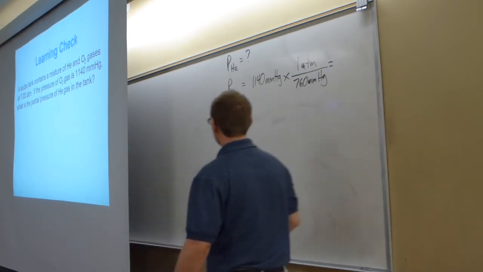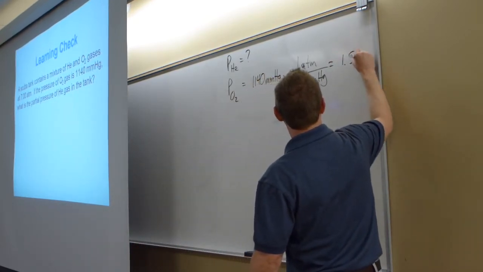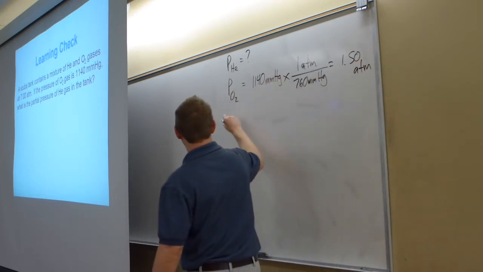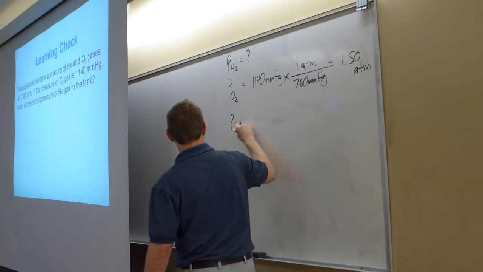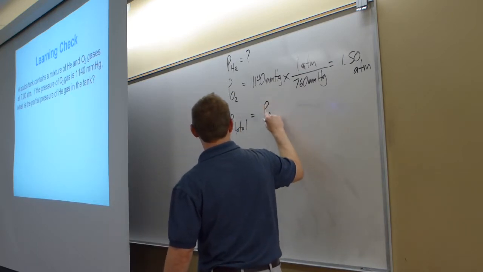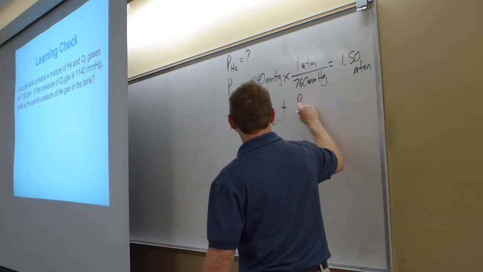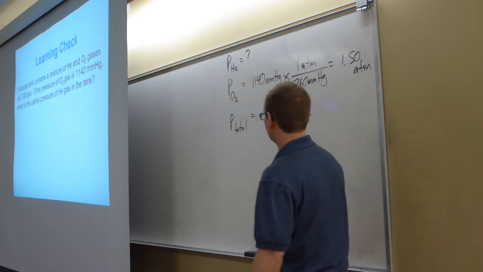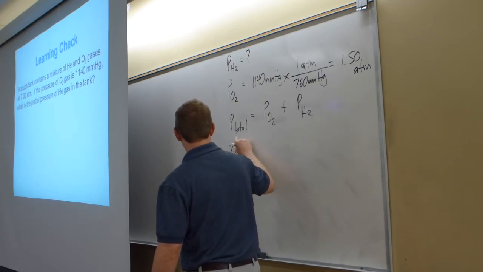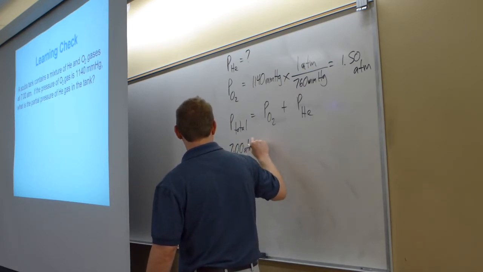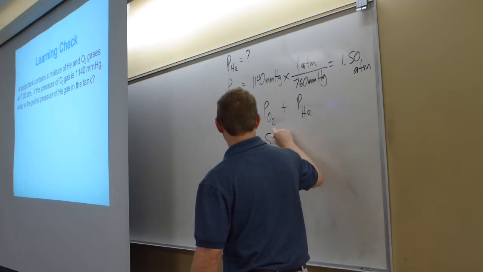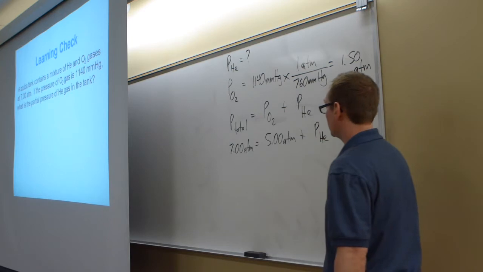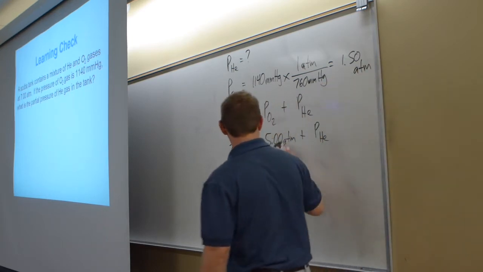That should come out to be around 1.5 atmospheres. So P total is equal to the partial pressure of oxygen plus the partial pressure of helium, that's our statement of Dalton's law of partial pressures. And we know that P total is 7 atmospheres, and the oxygen is 1.5, oops, did I say 5? I meant 1.5.